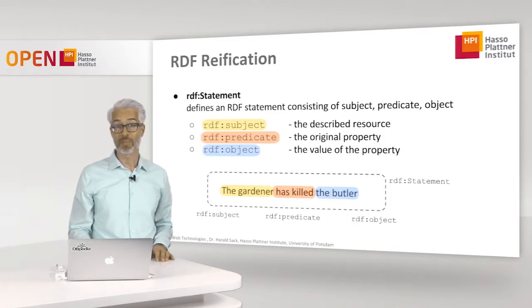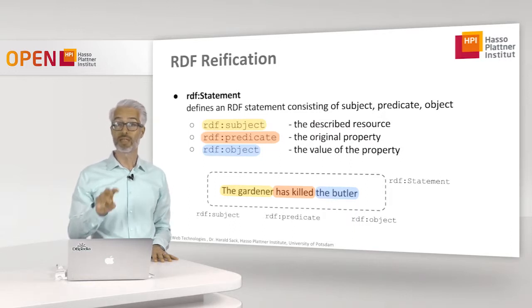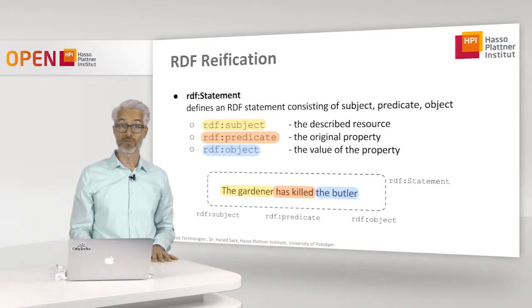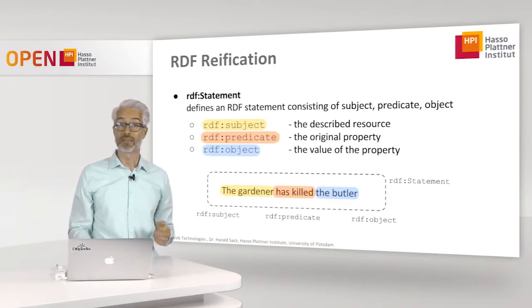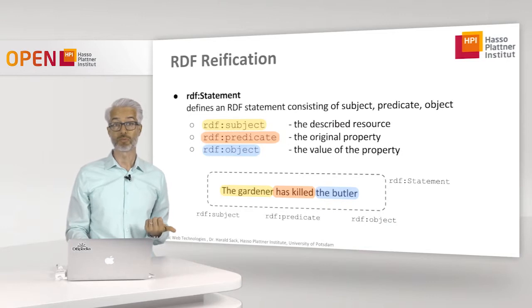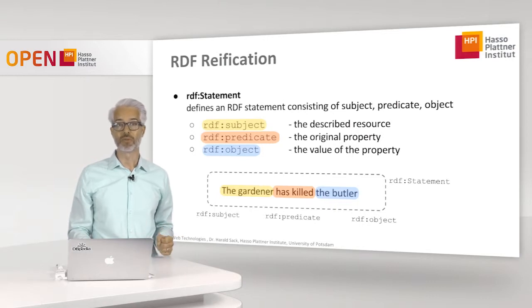So this is somehow the cause for some confusion. But it is simply the way it is, so that we do not mix it up with RDF property, which denotes a real RDF property. So within a statement, the three parts of an RDF triple are referred to as subject, predicate, and object. The subject is the subject of the originally described resource, then the predicate, which is the original property, and the object, which is the value of the property.